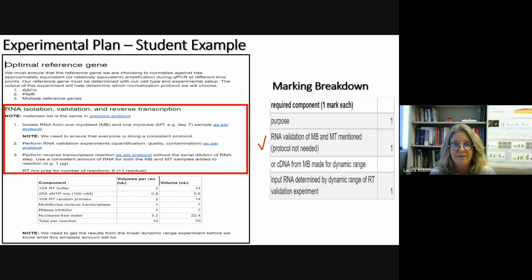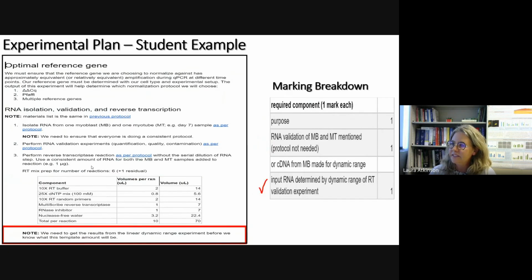So for example, in this experiment, we had a myoblast. These are muscle cells, a myoblast and a myotube sample, and they needed to identify that they would validate their RNA with spec and the ratios and what have you. And it's literally, did they say it or not? Check. So it's really super fast.